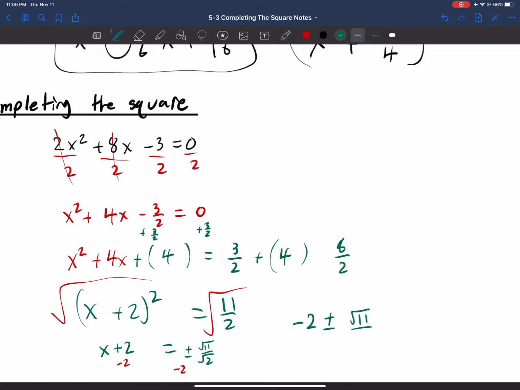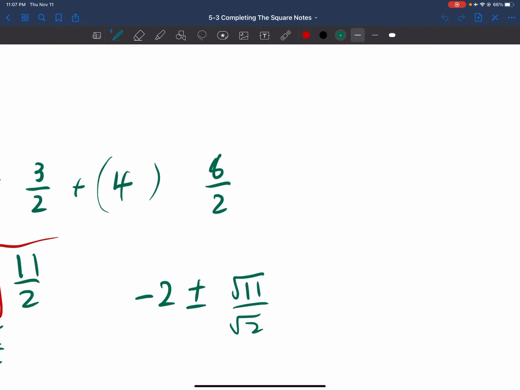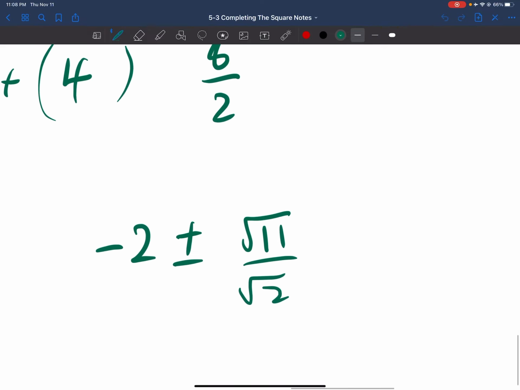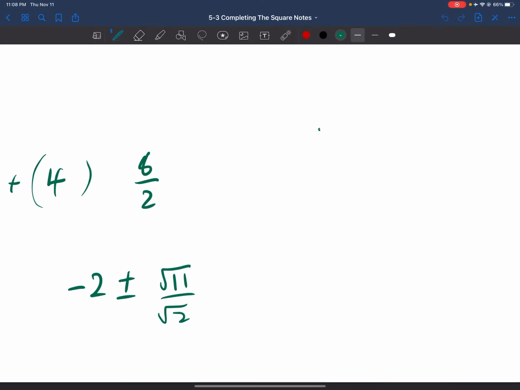11 over radical 2. Oh, and real quickly before I forget, we should take this radical 2 and rationalize the denominator. In other words, we should not leave a radical 2 in the denominator. So I'm going to write rad 11 over rad 2 as, well, if I multiply it by 1, nothing breaks. And rad 2 over rad 2 is 1.